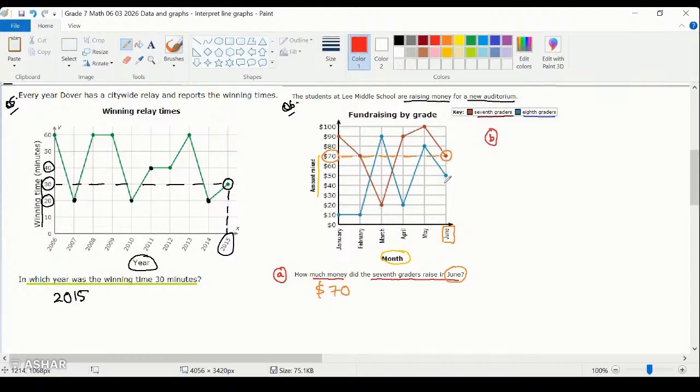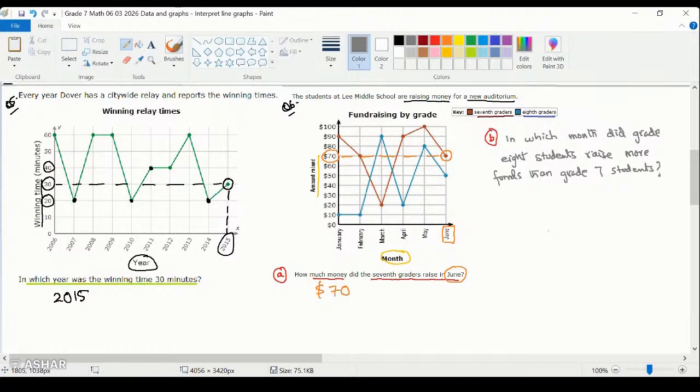Okay, let's see. In which month did grade 8 students raise more funds than grade 7 students?